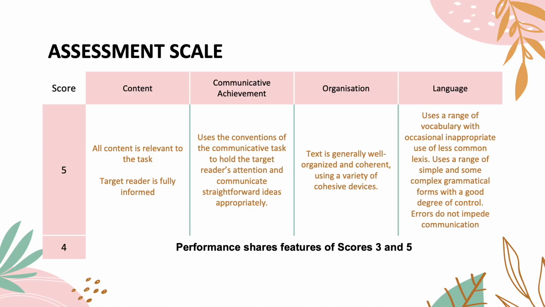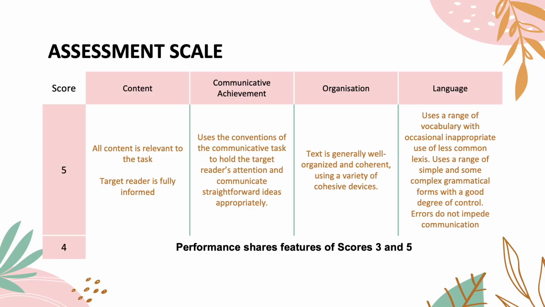So, let's say you don't fulfill one of the tasks required in the question, surely the examiner will not be fully informed. Remember, candidates should also include relevant details and elaboration as well, so that your target reader is fully informed.